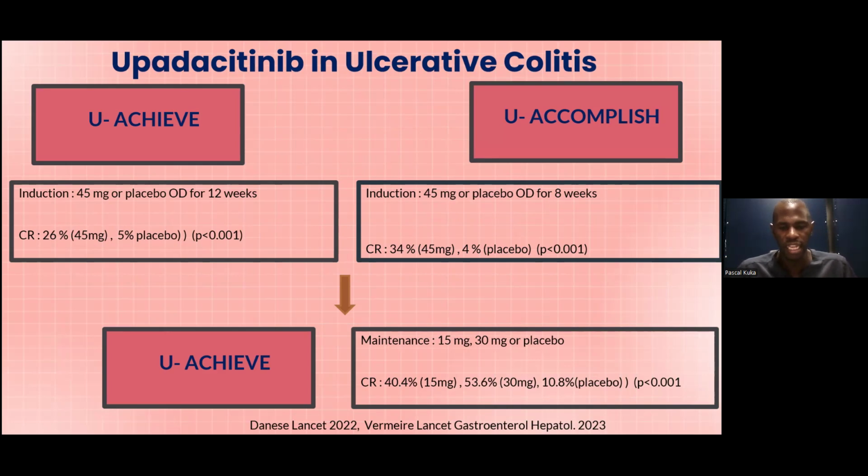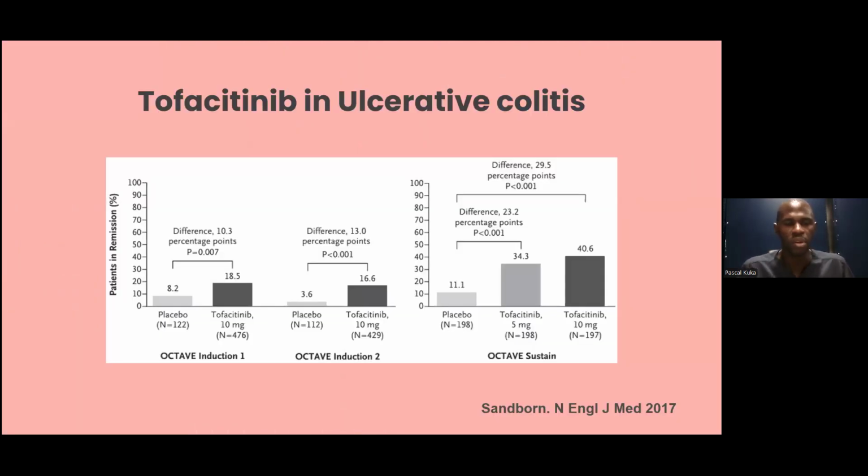In terms of maintenance, 30 milligrams achieved clinical remission of 53% compared to 40% for 15 milligrams, significant compared to placebo. Because of the different dosages, it's advocated that patients who have previous biologic exposure, or patients who are at high risk in terms of their disease profile, will be considered for 30 milligrams in terms of maintenance, as opposed to the 15 milligrams. So what about tofacitinib?